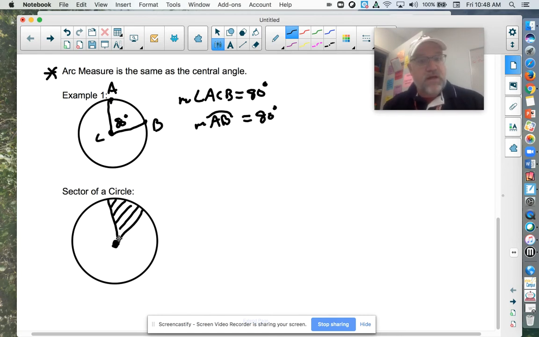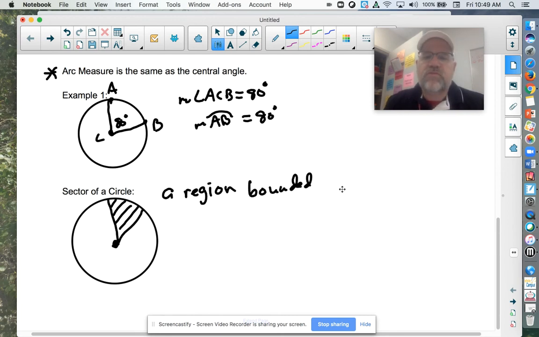And there's a formula for it. So here's the formula for the sector area. First let me give you a definition. It's just a region bounded by 2 radii. That's just plural for radius.